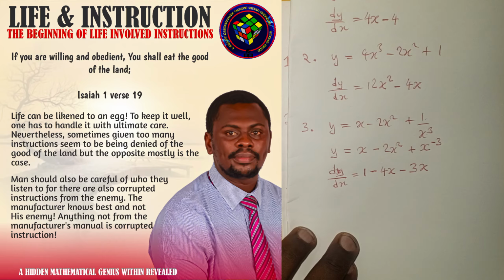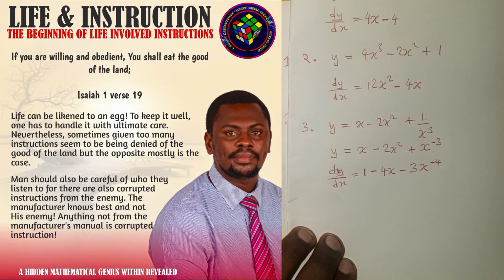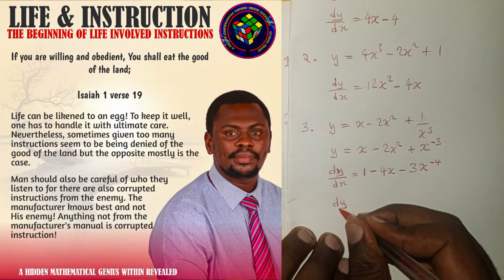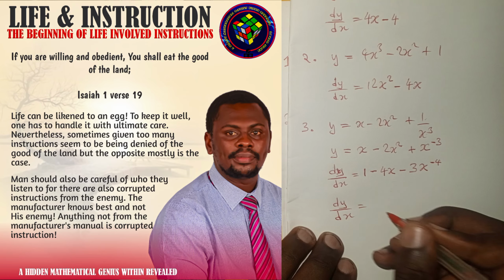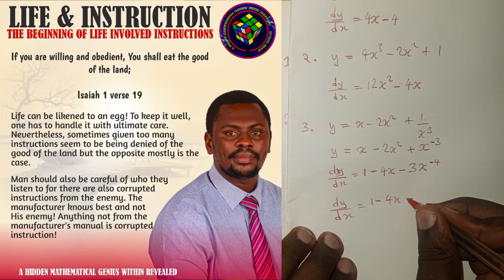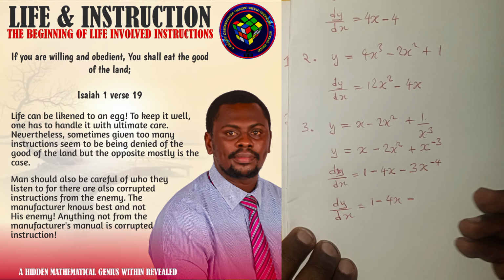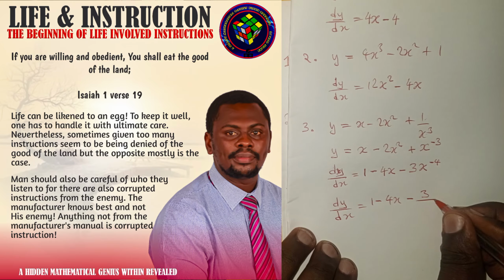So it will be negative 4. Okay, so we're going to have dy dx is equal to 1 minus 4x minus, then since here we have the power of a negative, we can bring this downwards so that the power becomes positive. So we are going to have 3 over x to the power 4.